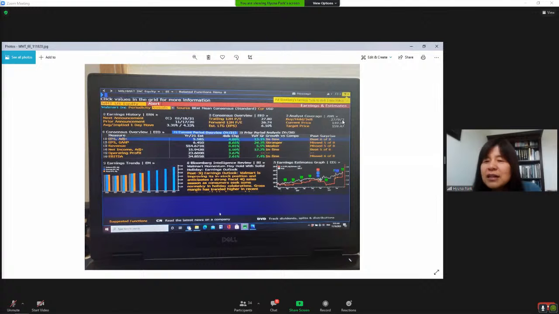So currently 38 analysts analyzed Walmart stock, and they gave buy, hold, and sell recommendations. So 27 analysts are recommending buy, 9 analysts issue a hold recommendation, and 2 analysts recommend investors sell the stock.